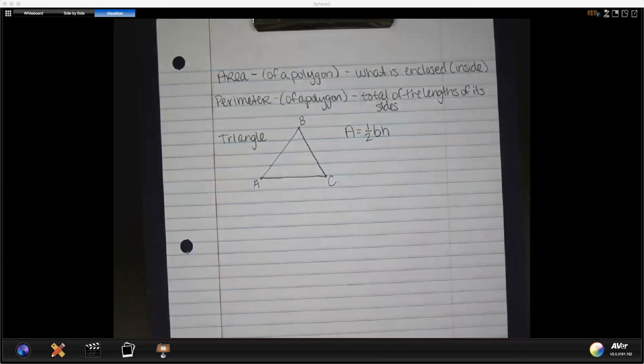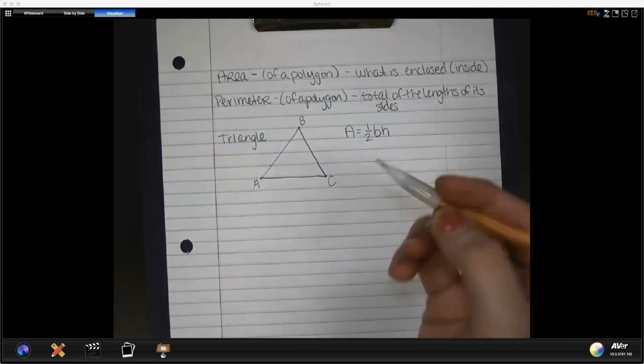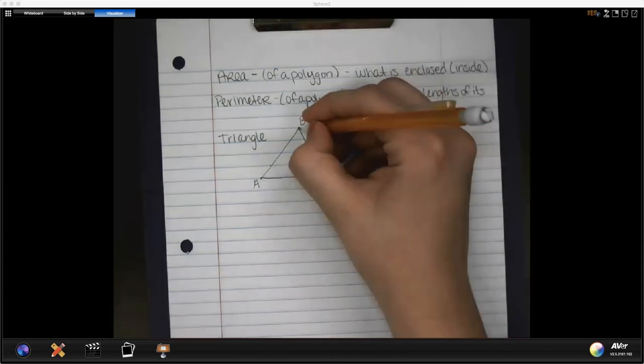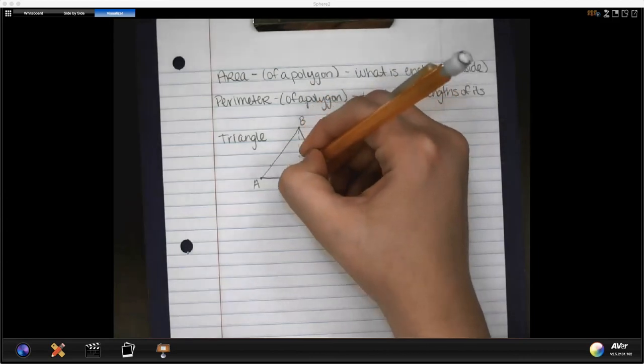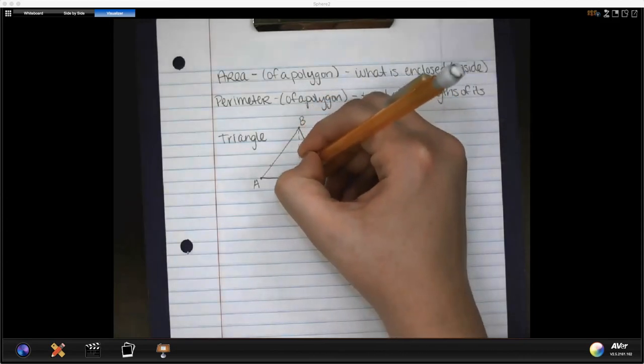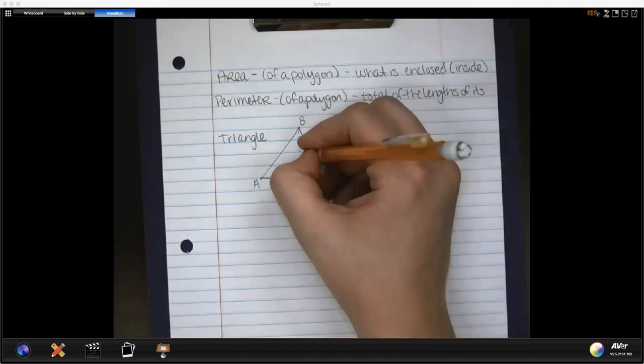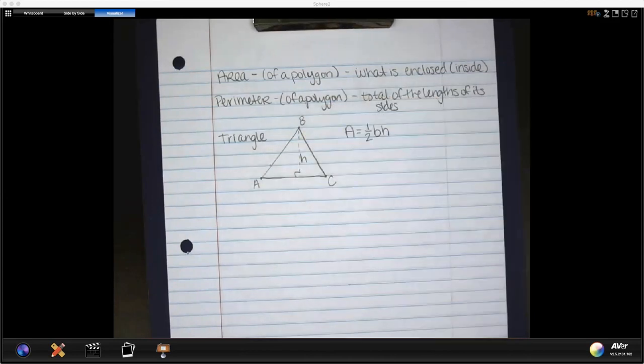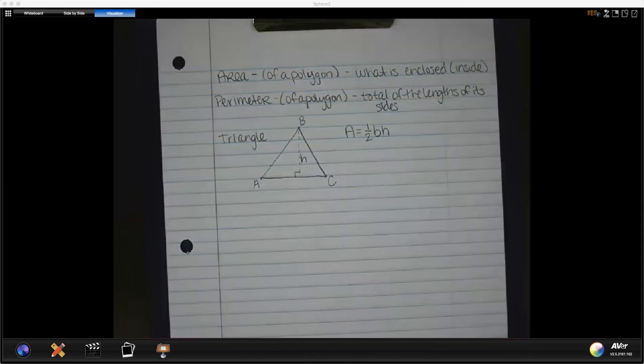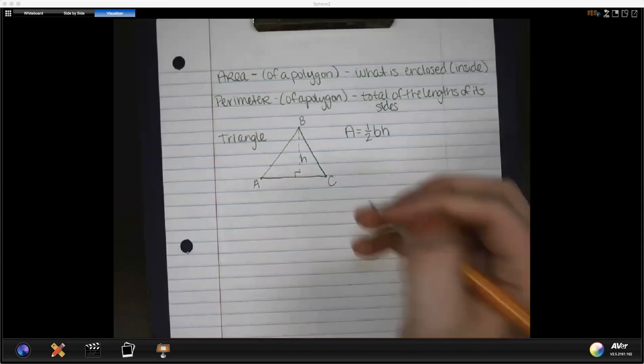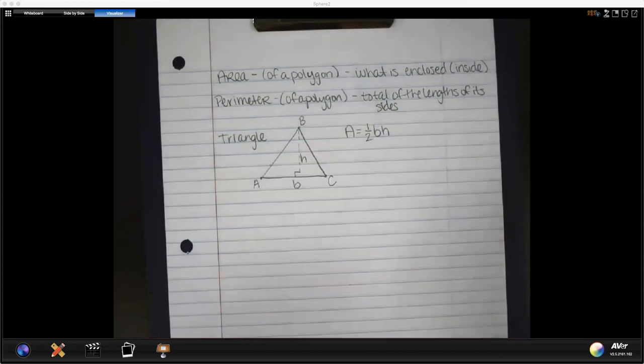Now, in order to find the height of a triangle, there must be something else that is true. So the height goes straight down. And then our base is down there at the bottom.